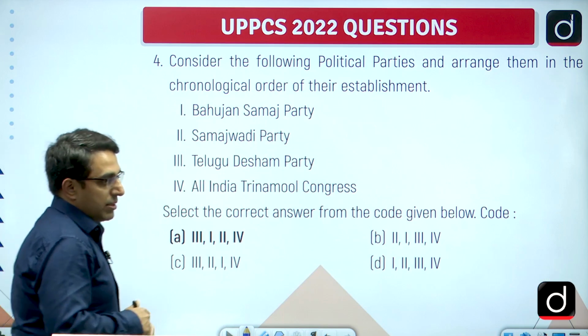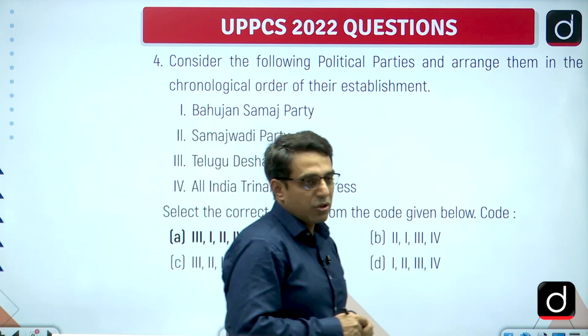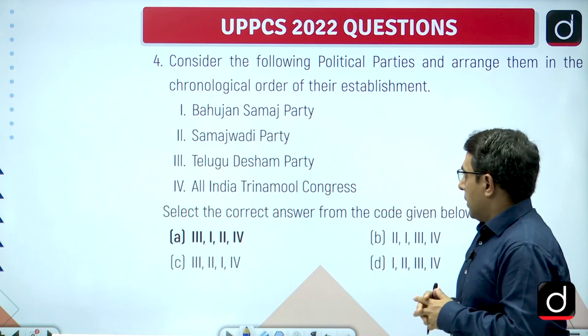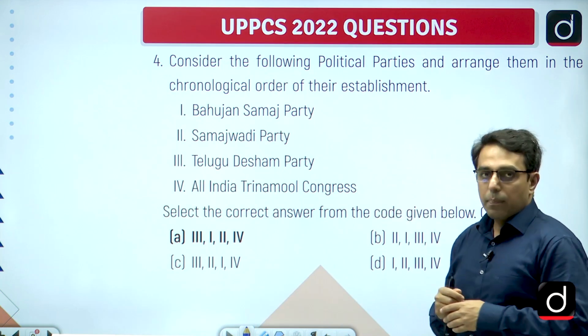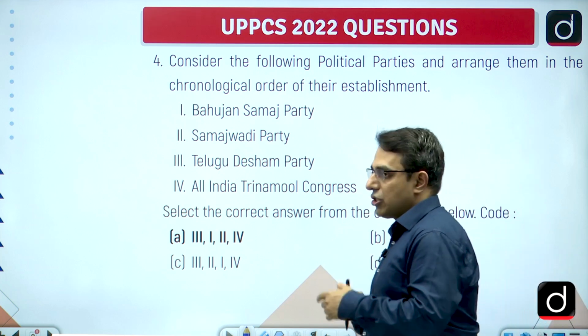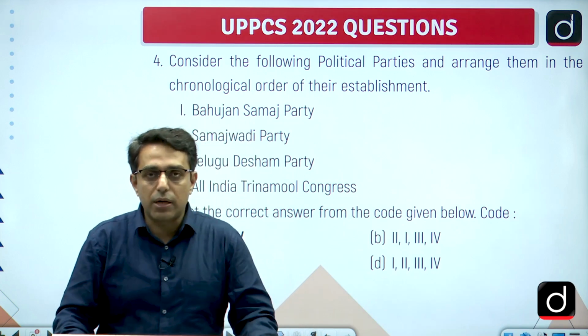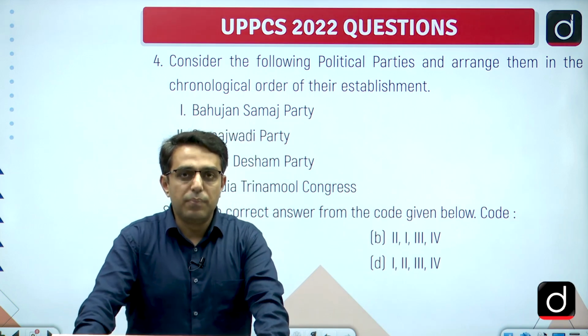Right. Now, let us see the next question. The next question is of a factual type. It is giving us a list of political parties and we have to arrange them in chronological order, that is, which political party was formed before.